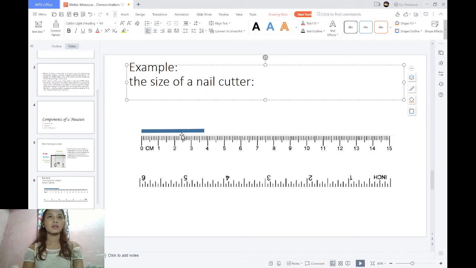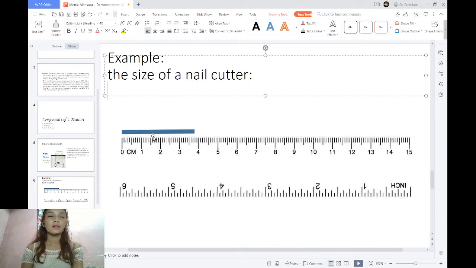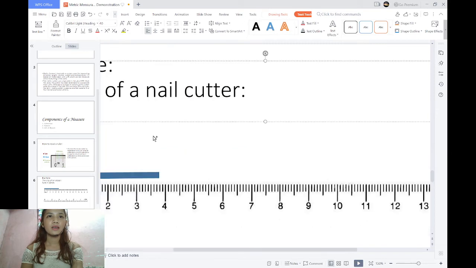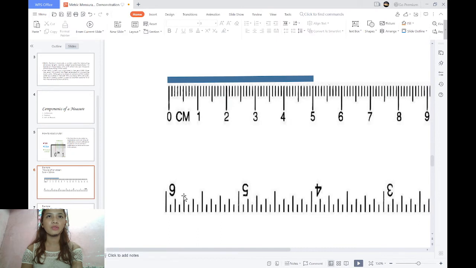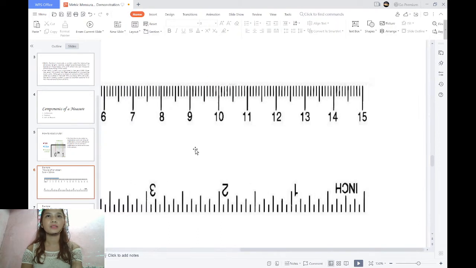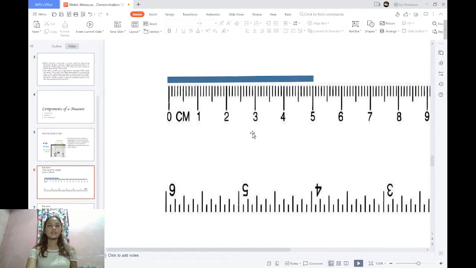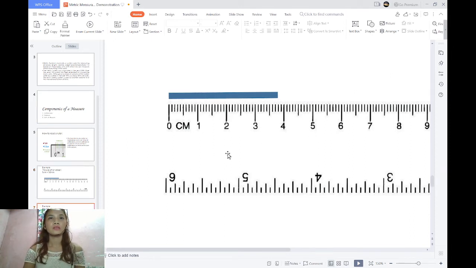As you can see, let me zoom in first so that it is clear from your side. The end of the nail cutter does not end at 4. So how can we identify the size of it?